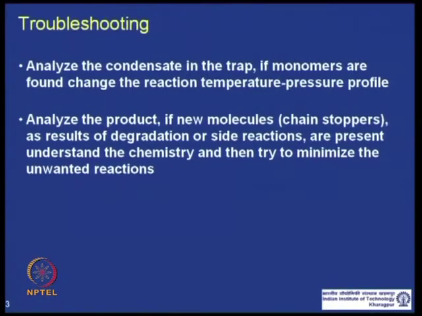There could be either an imbalance in the stoichiometry, or generation of a monofunctional chain stopper which will stop your polymer chains from progressing further. That will again reduce the molecular build up.